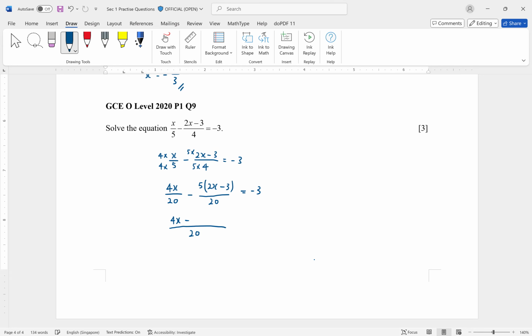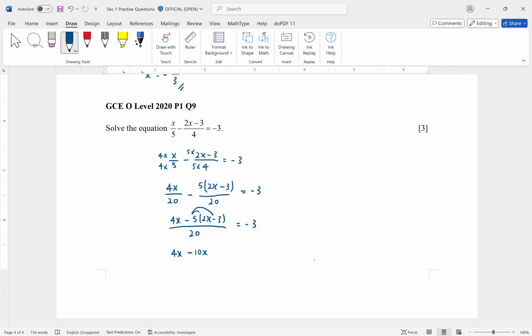So it becomes, don't open the bracket yet, because sometimes you may make a mistake if you do two things at once. Then you open the bracket. So you have 4x. Remember negative 5 times 2x, so negative 10x. Then negative 5 times negative 3. This is the part where, if you open the bracket, you may make a mistake with the sign.